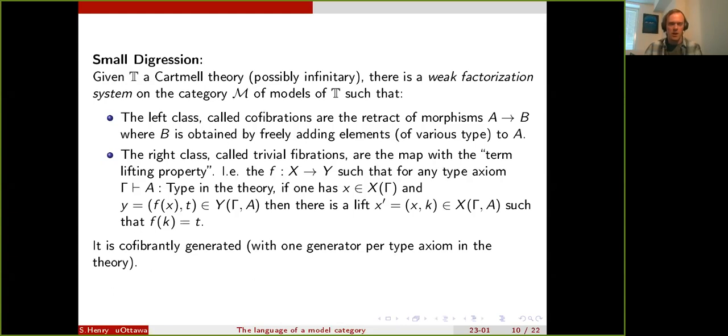So it's relatively easy to go backward as well. Start from the factorization system on, let's say, the category of models of a limit theory, and try to guess what Cartmell theory would give this factorization system. You cannot do it with any factorization system, but in practice, you can very often do it.